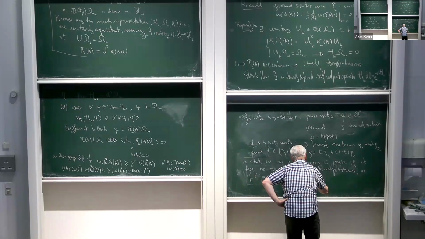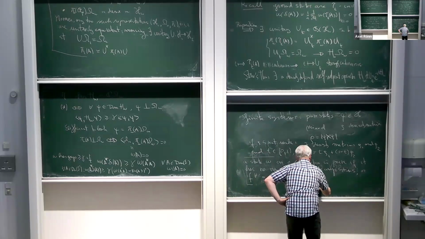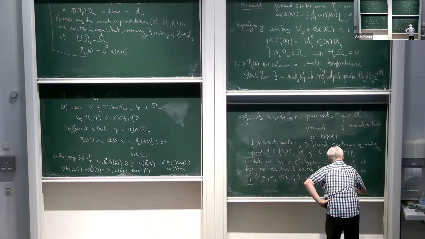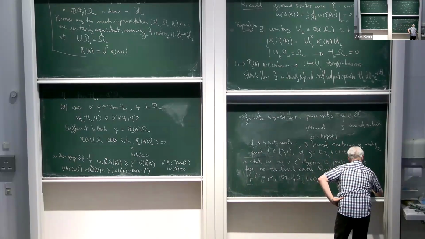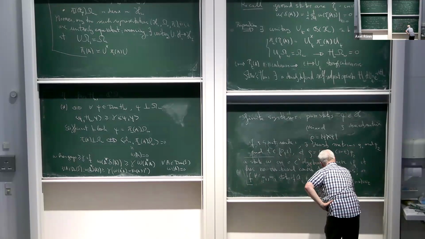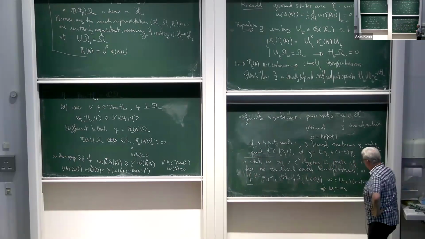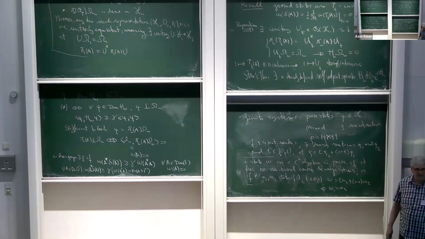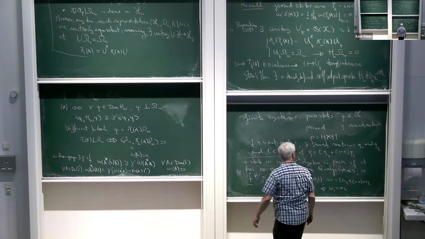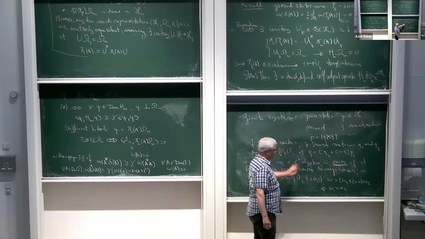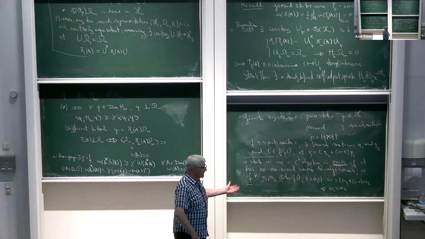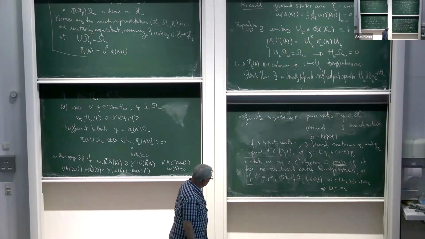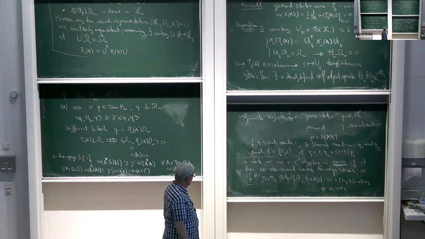A non-trivial combination would be if you write omega as t omega 1 plus 1 minus t omega 2. If you can do this with a t that is not trivial, then the states have to be identical. Okay, that's one way to say it, and that is what defines the pure state. Either t is 0 or 1, so one of the states doesn't participate, or the two states are actually the same. That's pure, and otherwise the state is mixed.